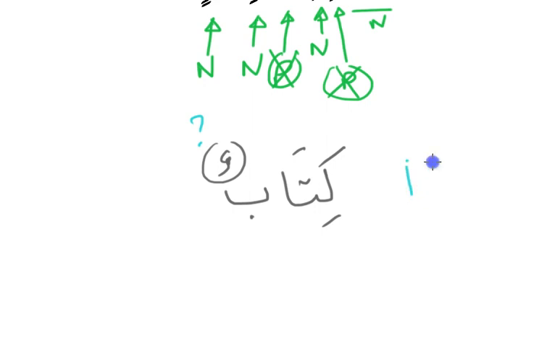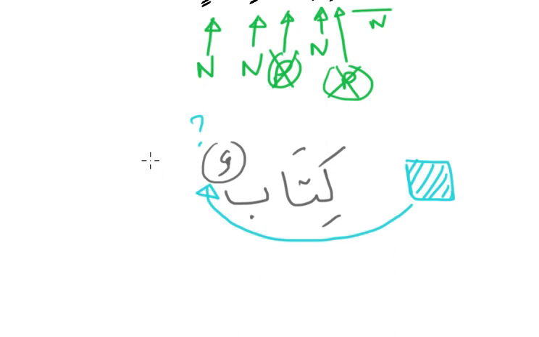Actually, the thing that makes it change is possibly the existence of a word that comes before it. So if there exists a word before kitab, this can potentially change the vowel that appears at the end of kitab. So if you have kitabun, then this can change this into something else.